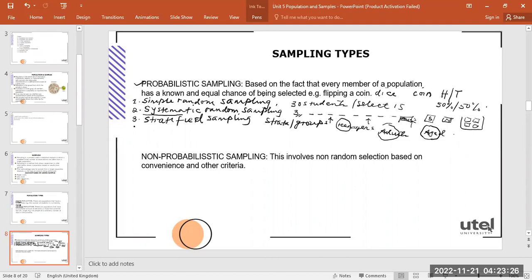Now, the last but not the least type of sampling is referred to as clustered sampling, or we also call it the conglomerate sampling.